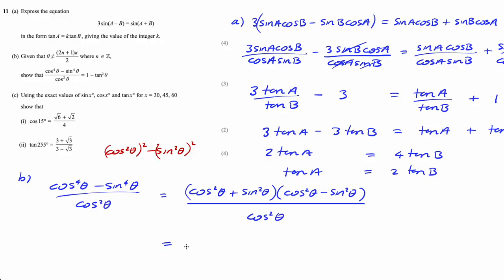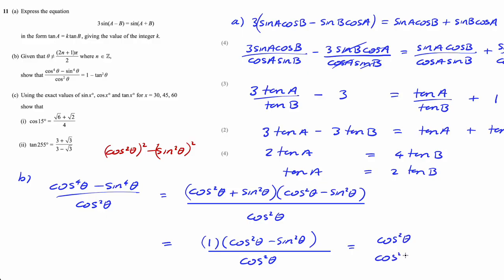So this is just equal to 1 times cos squared theta minus sine squared theta over cos squared theta. But that equals cos squared theta over cos squared theta. Now note, guys, it's a show that, so I'm really just showing all the steps.